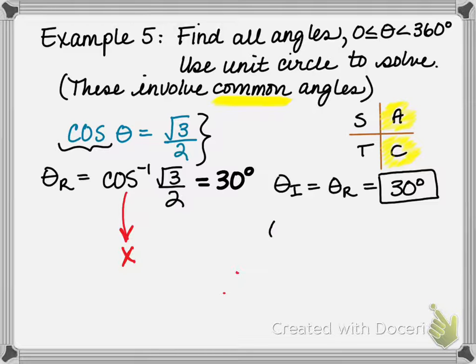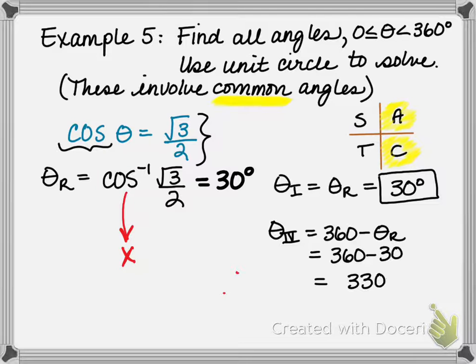And then theta 4 says 360 needs to subtract the reference angle, theta r. I guess I should write that down just in case you don't remember the formula. So 360 minus the 30 we found is 330. And that's your other angle.